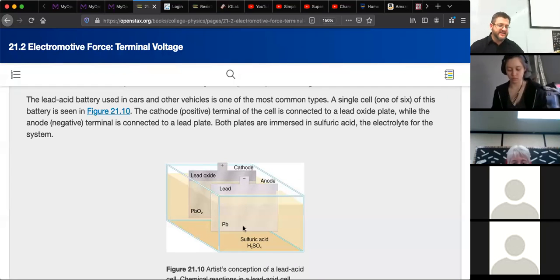And so these ions are split up in here. The SO4 is a negative ion and the H2 is a positive ion, I believe. And so the positive ions will go towards the positive plate, which is the lead oxide plate, the one that attracts positive things more. And the SO4s will go over here to the lead. And so you end up with this buildup of positive and negative charges, which creates a potential, which creates an electric field.